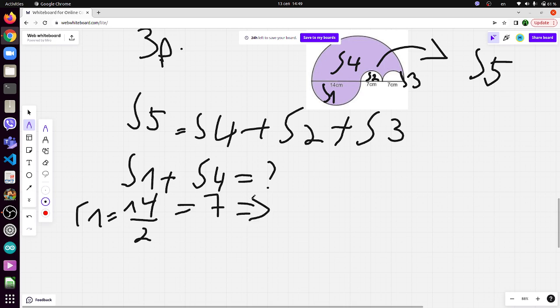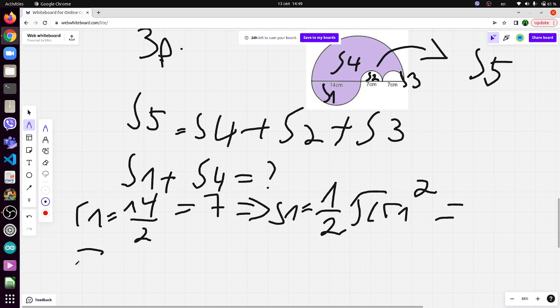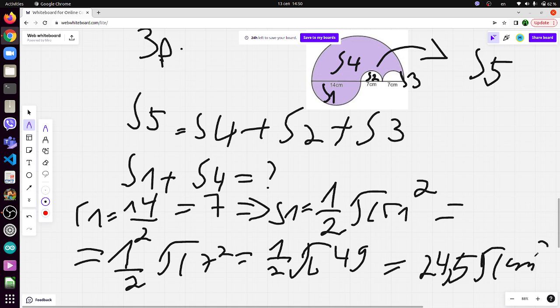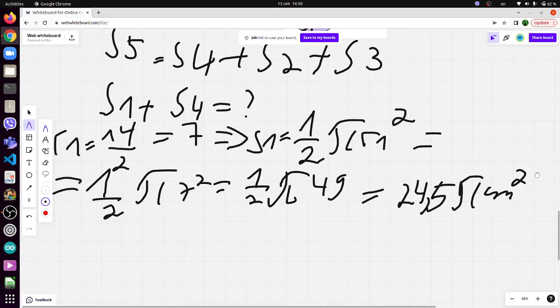So the area of the half circle is 1/2 pi R1 squared, which is 1/2 pi 7 squared, which is 1/2 pi 49, which is 24.5 pi centimeter square.